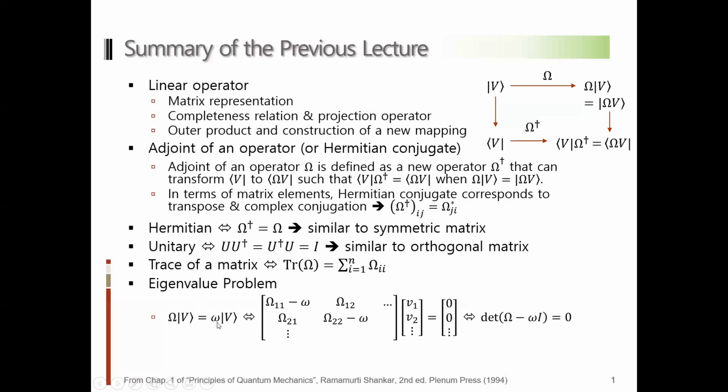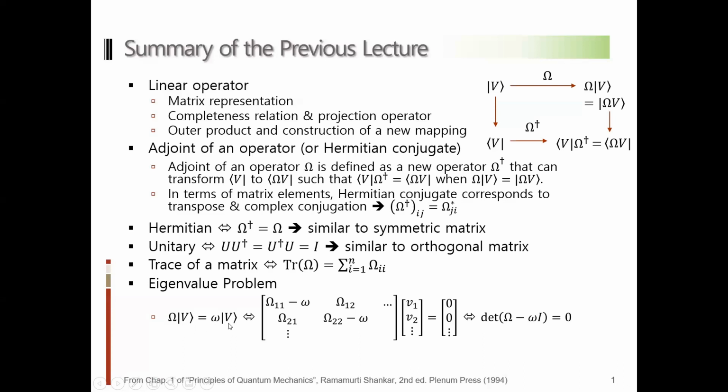So we might always have some scaling factor in front of that original vector, and if we can find such a combination of this vector and this value, then we call this vector the eigenvector of this operator, and we call this scaling factor the eigenvalue corresponding to that eigenvector.